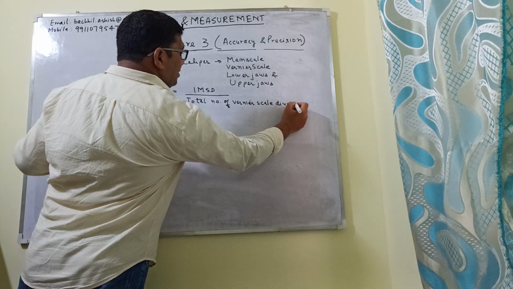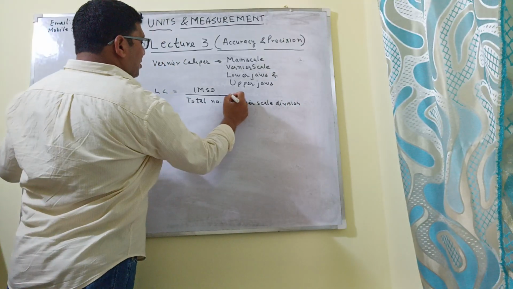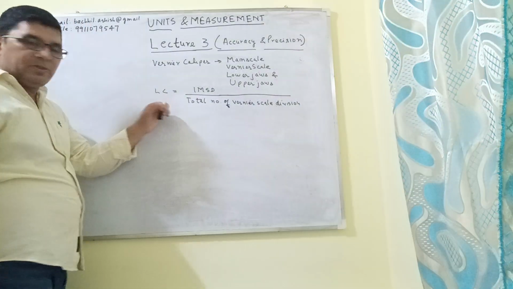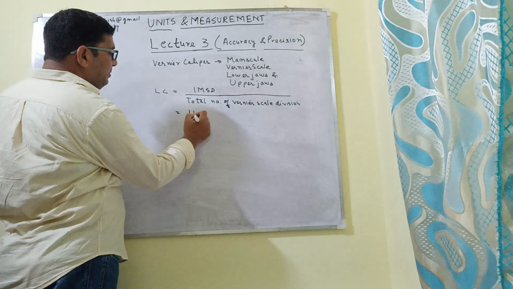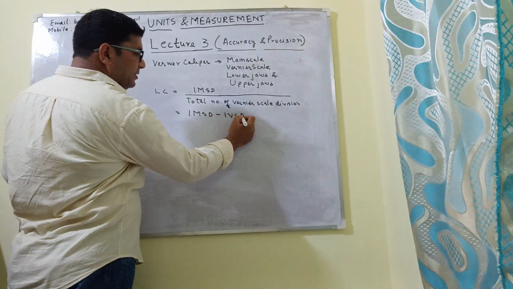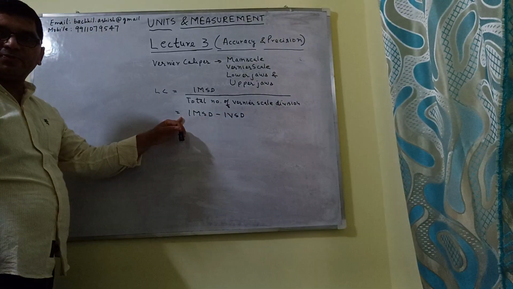This is the least count of a vernier caliper. This is one formula. The other formula is 1 main scale reading minus 1 vernier scale reading. This is another formula. This is also a very important formula.